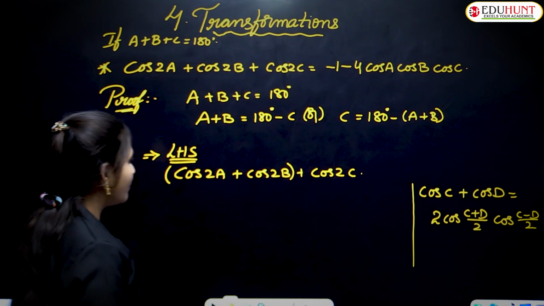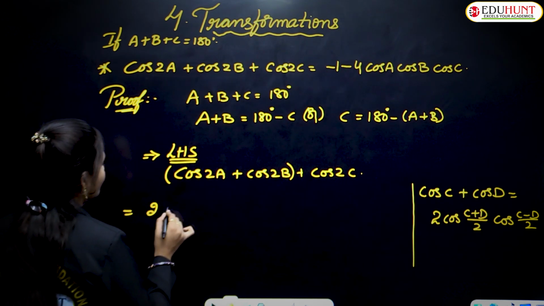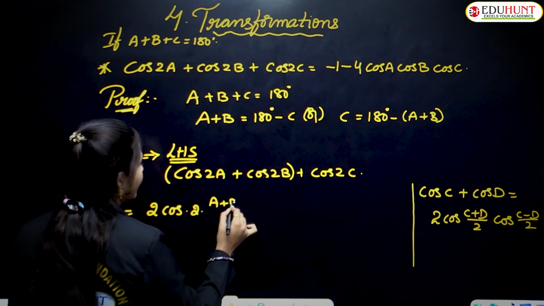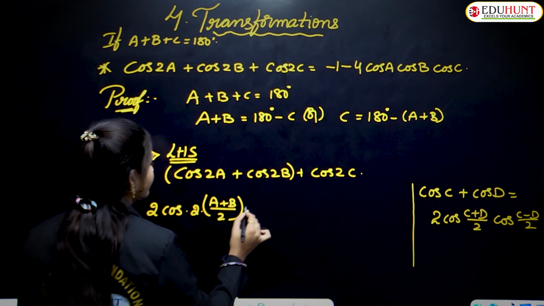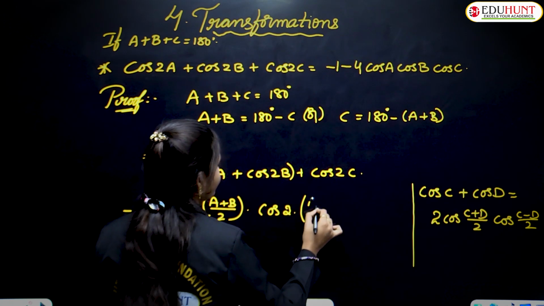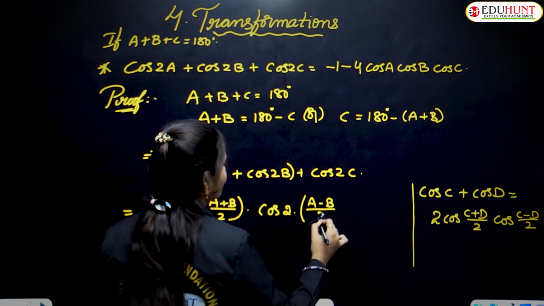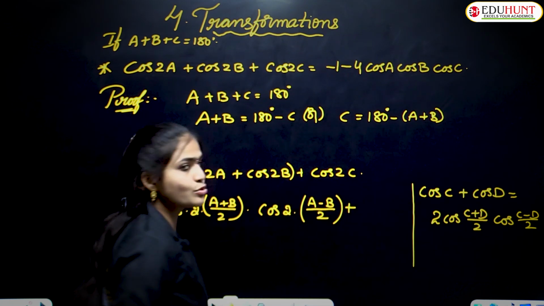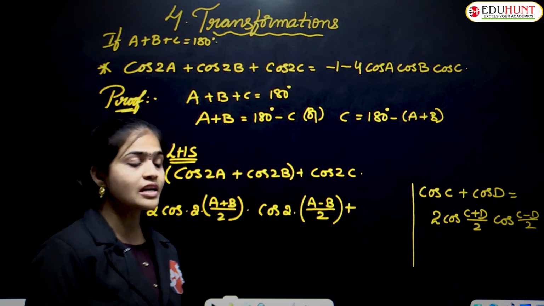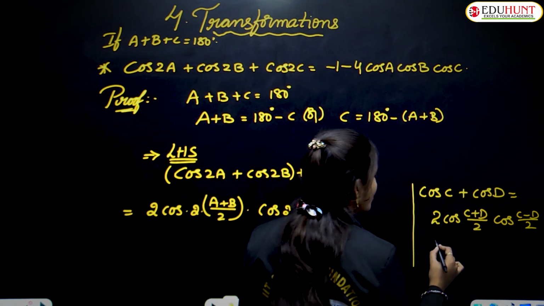So that formula applies here. 2 cos of 2 into (a plus b) by 2 into cos of 2 into (a minus b) by 2, plus cos 2c. So for cos 2c, we have one of the formulas. What is that? Cos 2c in terms of cos.